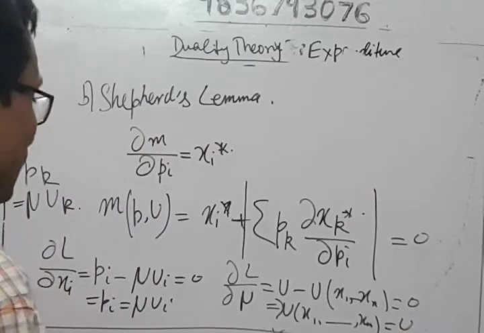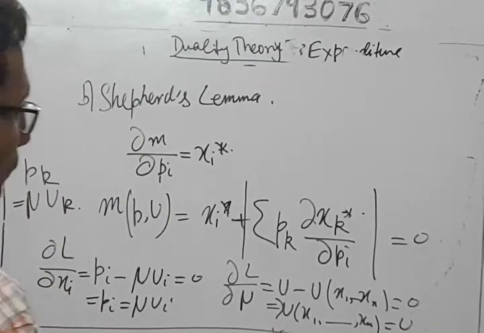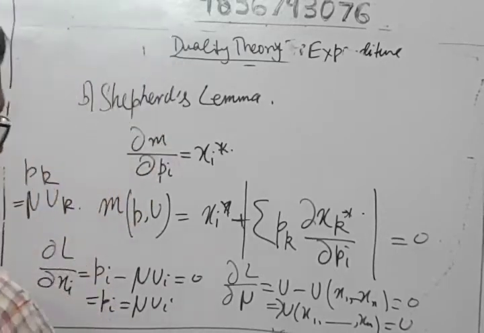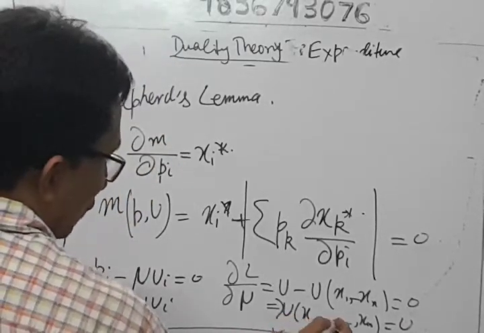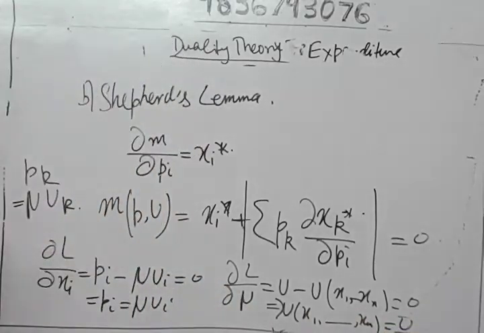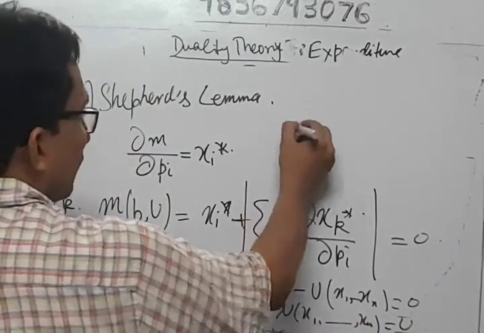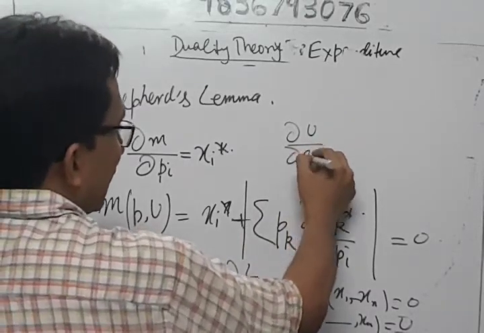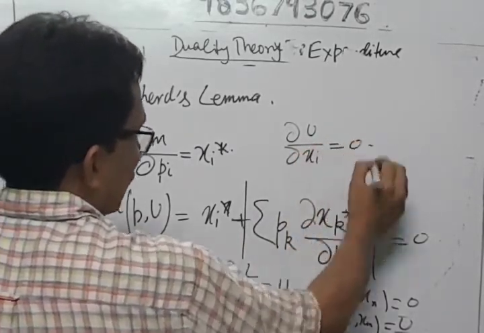So when we write this, we know that the value of this utility function is a constant. If we differentiate this utility function, since we have a constant value of the utility function, del u of del xi is essentially equal to 0.